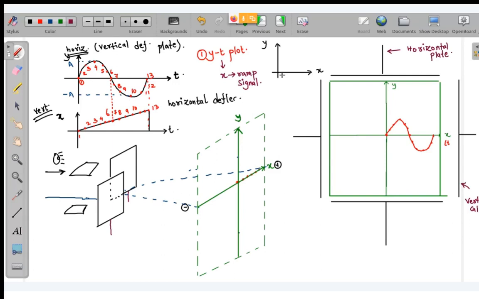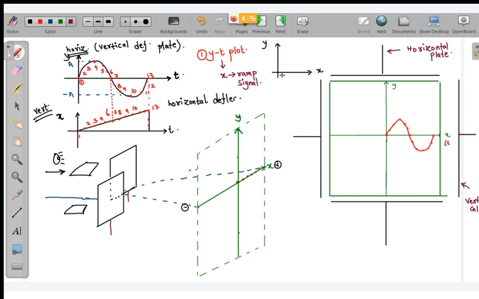Any doubt, Shishir, Nitish? Noted? Yes, sir. In this, the deflection plates that we have kept, how are they oriented, like one upon the other or like one following the other? One following the other.